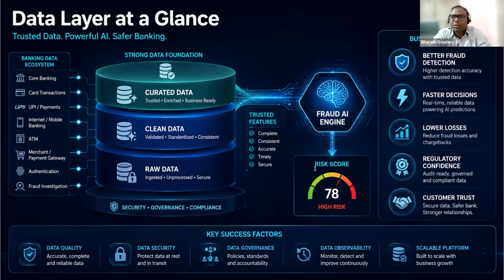We protect it through security and governance controls. Finally, we provide trusted features to the fraud AI model so that it can detect suspicious transactions faster and more accurately. In simple terms, trusted data leads to trusted AI, and trusted AI helps create safer banking.